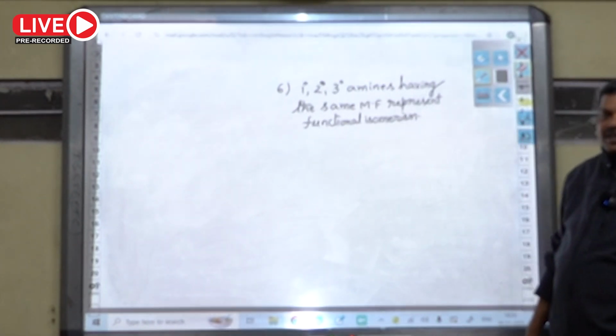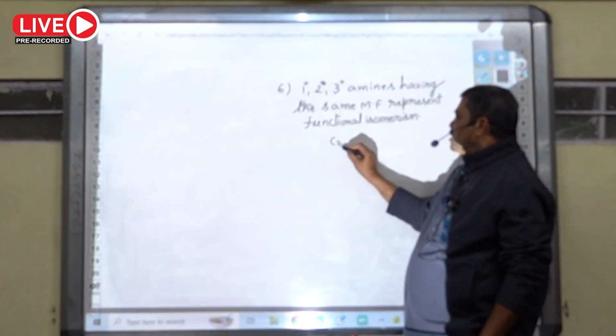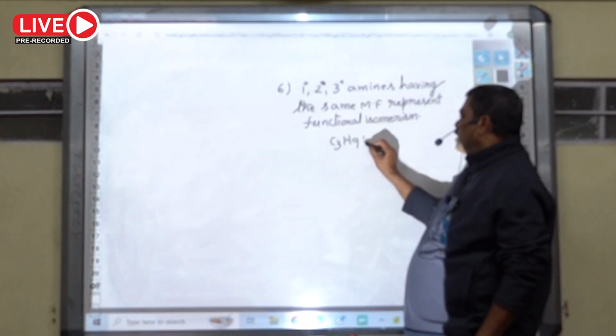This represents functional isomerism. Example, C3H9N.